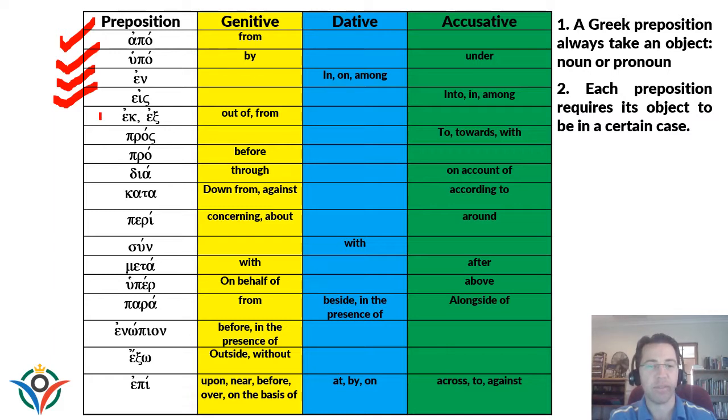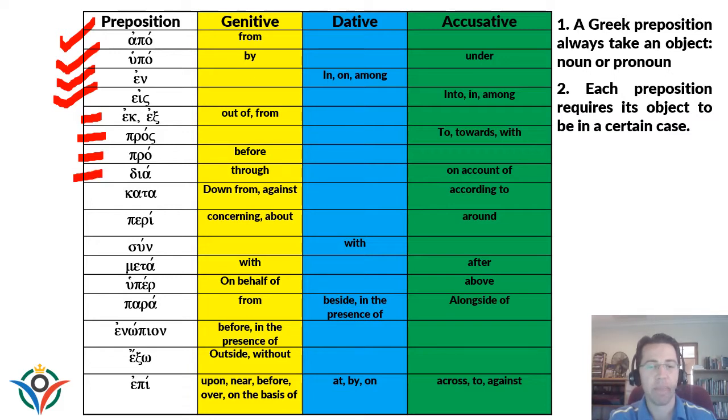And next we have ek or ex, and the genitive is translated as out of or from. Then we have pros, takes its object in the accusative case and is translated as to, towards, or with. Then we have pro, which is translated in the genitive as before.